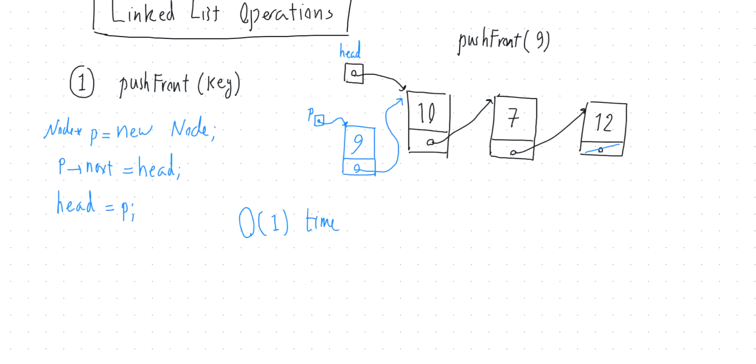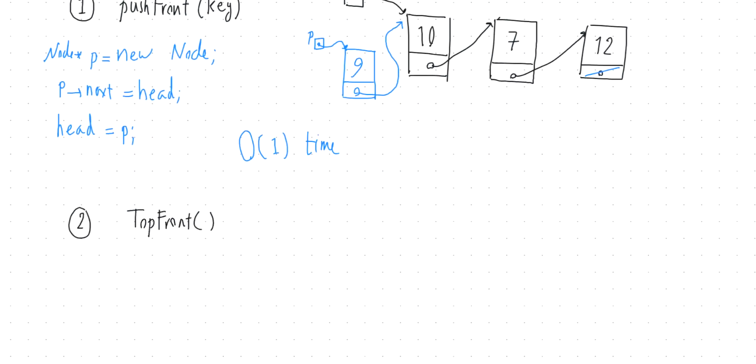Let's push front. Now the next operation that I'm going to look at is called top front. Now these names, we are going to see them for a lot of different data structures. So we have top and we have pop.